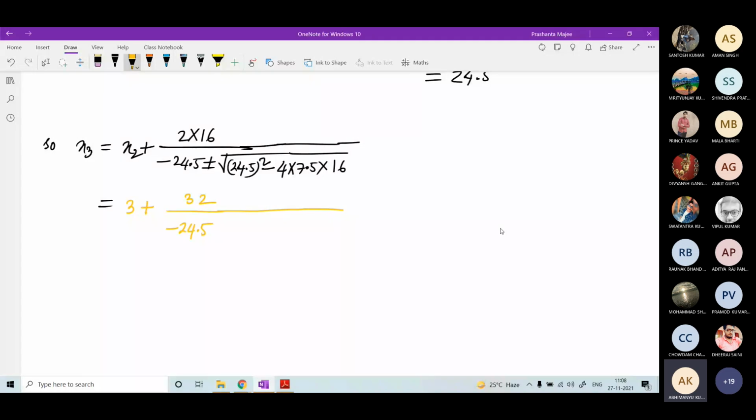Here I will be taking the minus sign. Minus under root of what? Under root of 24.5 square minus 4 into 7.5 into 16. Do the calculation and tell me what is the next approximate root.